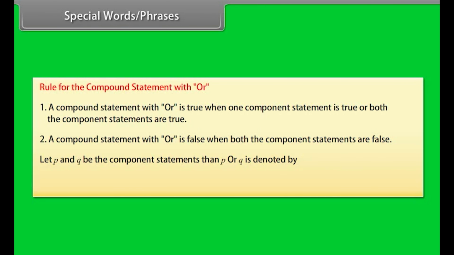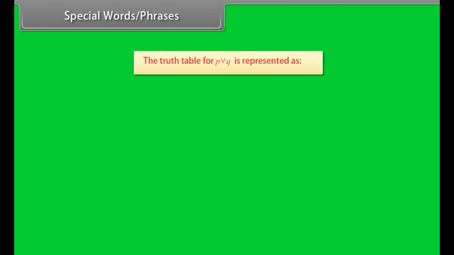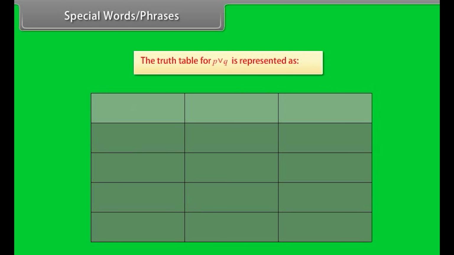Let P and Q be the component statements, then P or Q is denoted by P or Q. The truth table for P or Q is represented as: for P true and Q true, P or Q is true. For P true and Q false, P or Q is true. For P false and Q true, P or Q is true. For P false and Q false, P or Q is false.